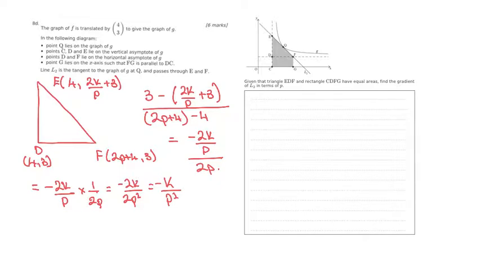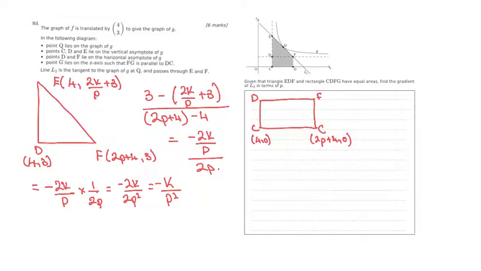If we now look at the rectangle CDFG, CDFG looks like this. Well, we know that the coordinates at that point are 4, 0. We know that the coordinates at this point are 2p plus 4, 0.